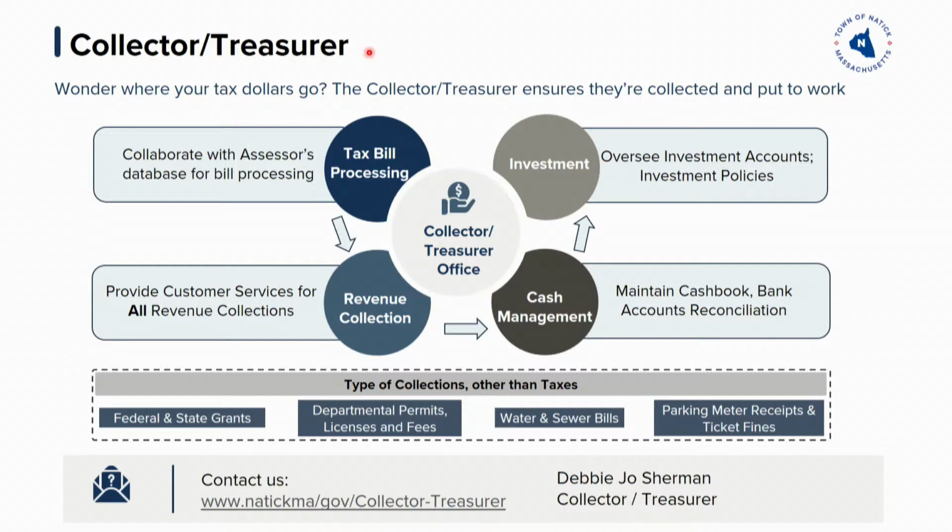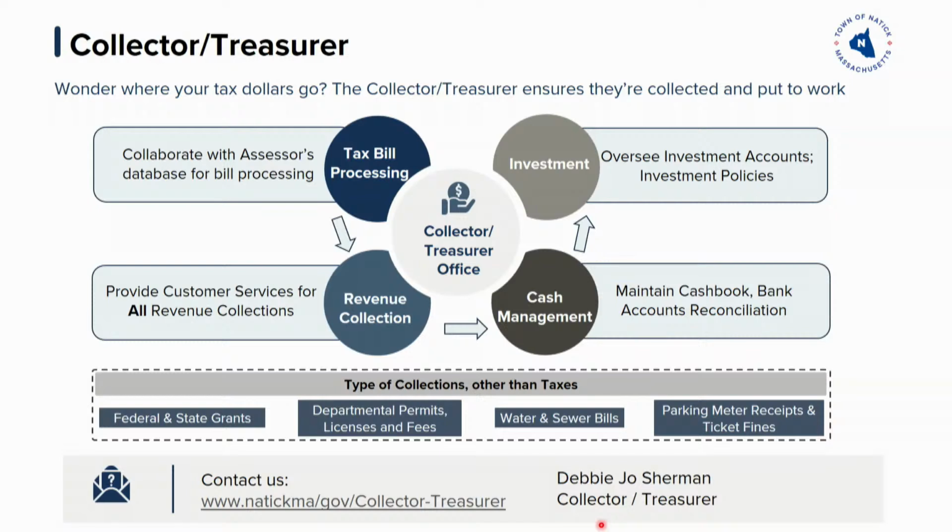Obviously, we have internal controls because you don't want the person who's collecting your money depositing it in the bank as well. So there are those controls within the office itself, but the collector treasurer is one person, with a staff of 5 individuals who handle all of the collector and treasurer functionality for the town.